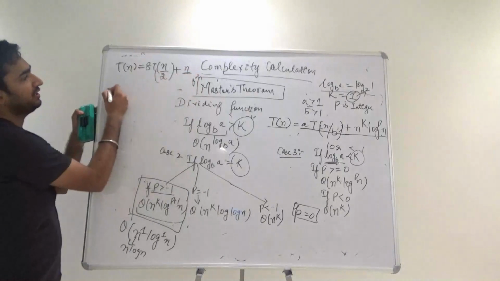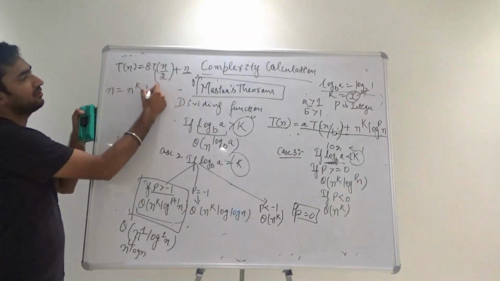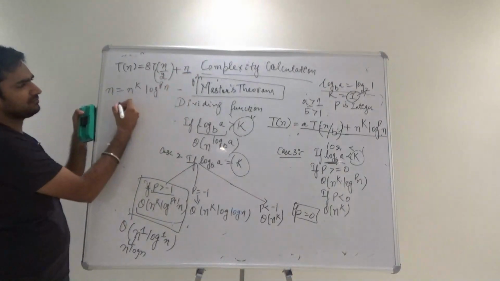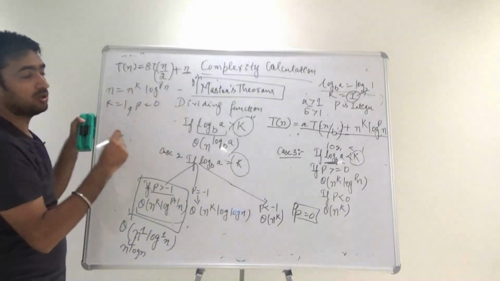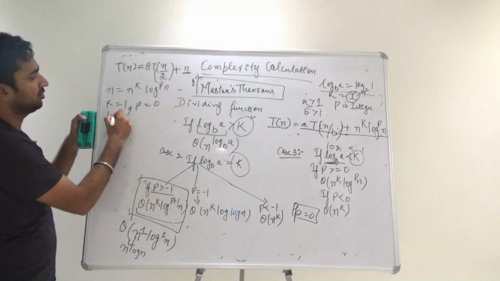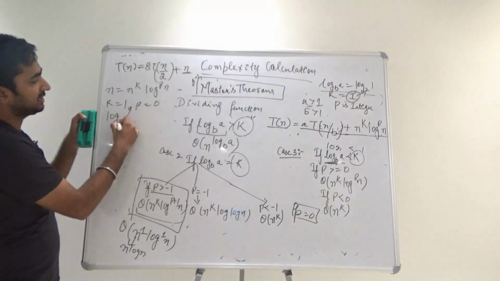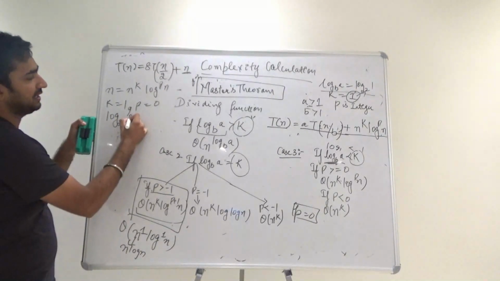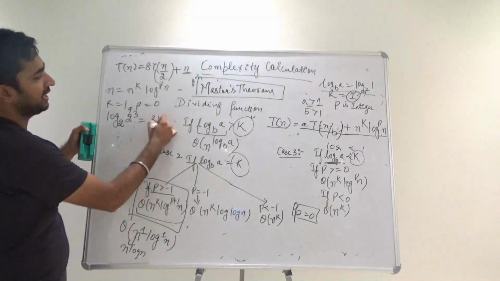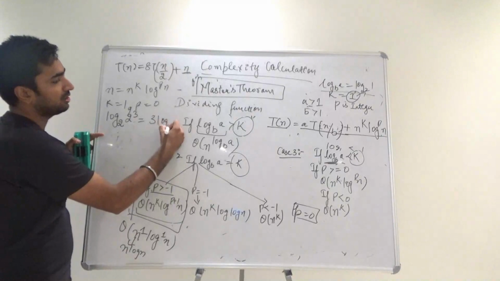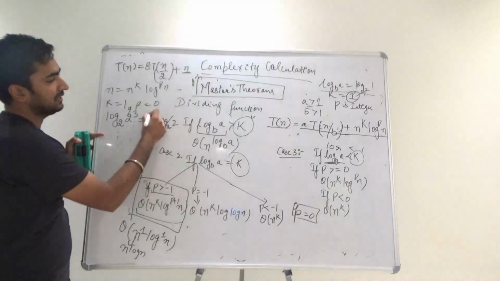We got n over here, which means n is equated with n raised to power k log to the power p of n. So k value is equal to 1, p value is equal to 0. We have to calculate log base 2 of 8. 8 can be written as 2 raised to power 3, so I can clearly get 3 log 2 base 2, and that answer is 3.